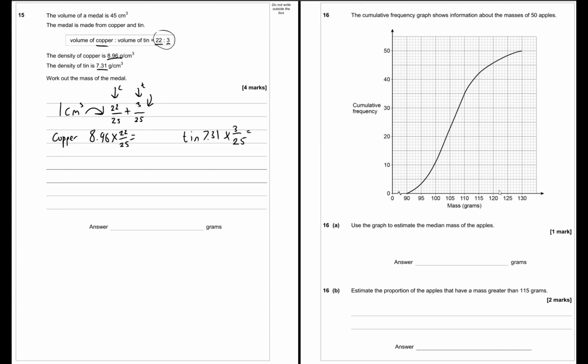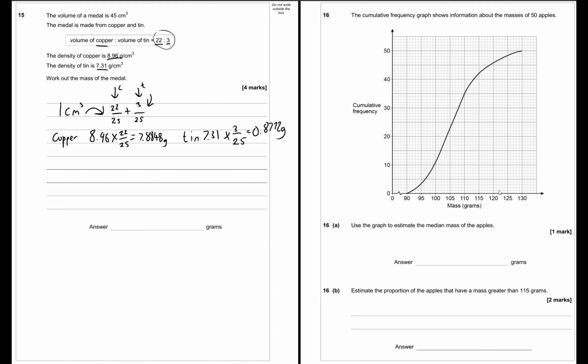So for copper, you get 8.96 times 22 over 25, which is going to be 7.8848. And this is grams. And then we're going to do the same for tin, which is 7.31 times 3 over 25, which is going to give you 0.8772. Okay, so this is the weight of the copper part and the weight of the tin part.